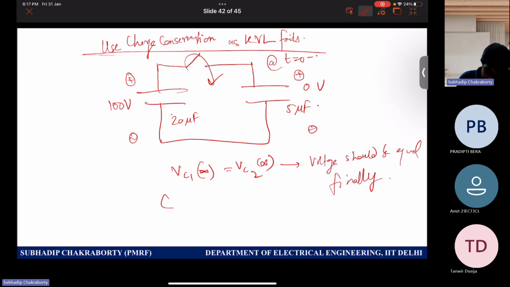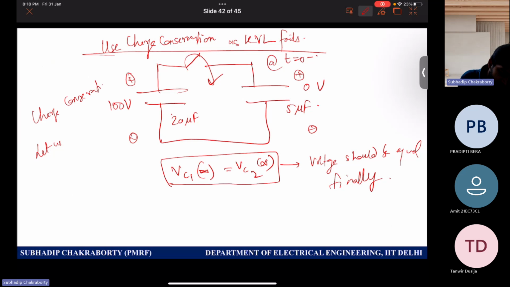So I can write C1 into VC1 infinity. This you understood, right? VC1 equal to this. So what I can write is Q equal to CV. But the charge I need to know, right? So let us determine using charge conservation. What does charge conservation say? Total charge before and after combination should be the same.